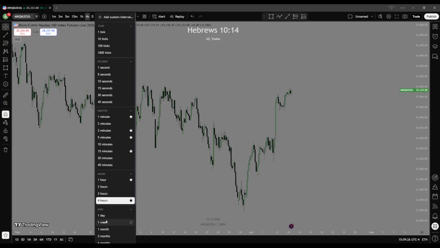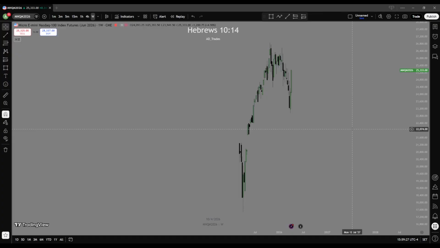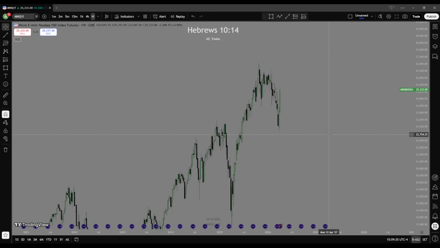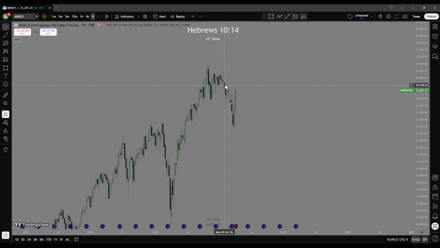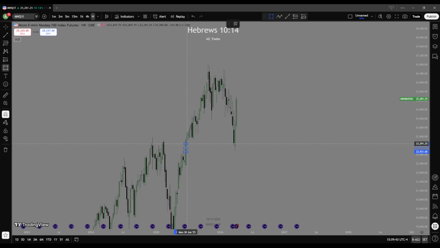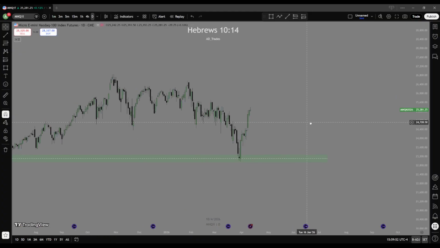Sometimes I'll even go up to the weekly on the continuous contract, the weekly or the monthly, but I'll mess with the settings, right? Sometimes I'll even start as far up as the weekly time frame. Like we'll say, oh, there's a weekly fair value gap. But typically, not always, I'll usually just start on the daily. The daily's fine for me.